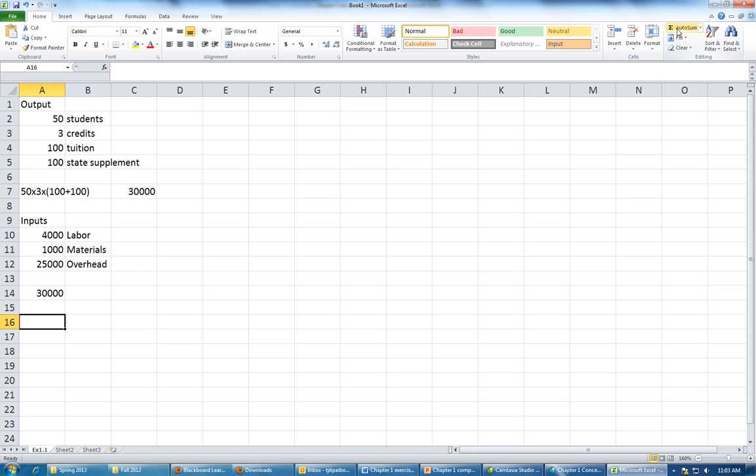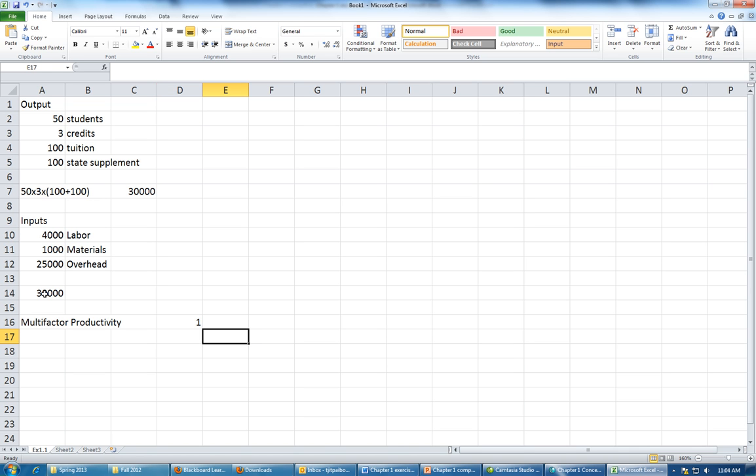And next, the last thing we're going to find is called multi-factor productivity, which is equivalent to the output divided by the input. In this particular example, you can see that multi-factor productivity is 1.